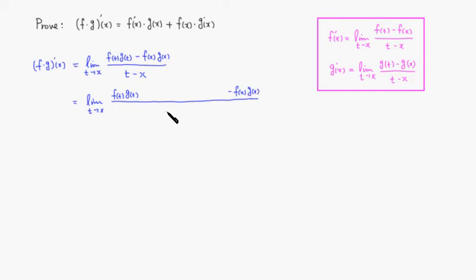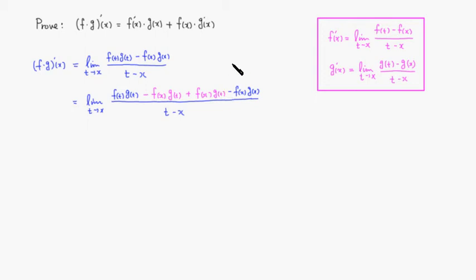Then we have t minus x on the bottom. Since we want to have f of x, we're going to subtract f of x times the same thing, g of t here. And then you cannot just subtract something, so we're going to add exactly the same thing back on.